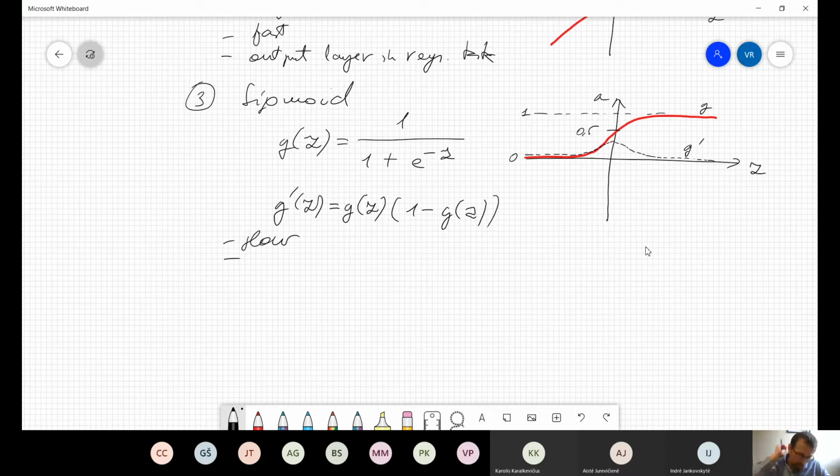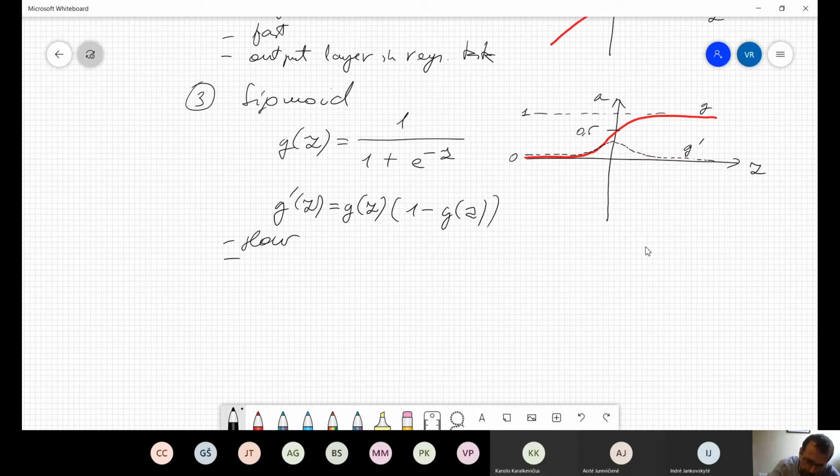So this has problems: everything on the output is on the plus side, and there is saturation of gradients on both ends. Vanishing gradients and exploding gradients are the problems with this one.